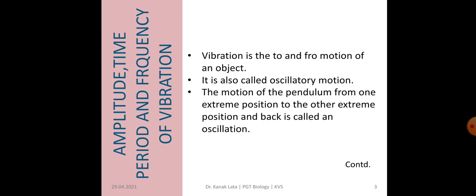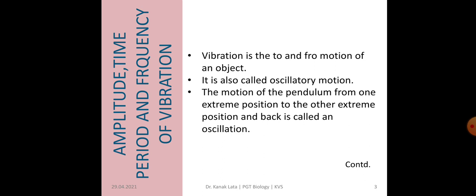The motion of the pendulum from one extreme position to the other extreme position and back is called an oscillation. What is an oscillation? It is the motion of the pendulum from one extreme position to the other extreme position and back.